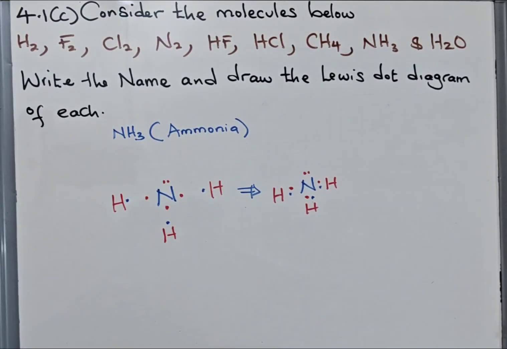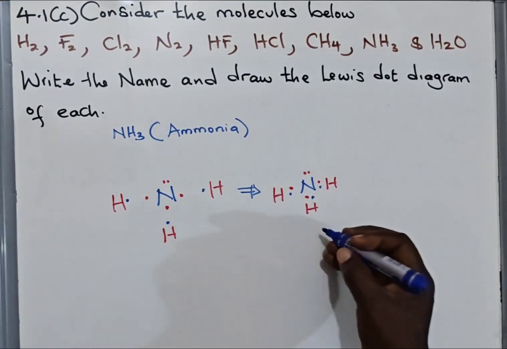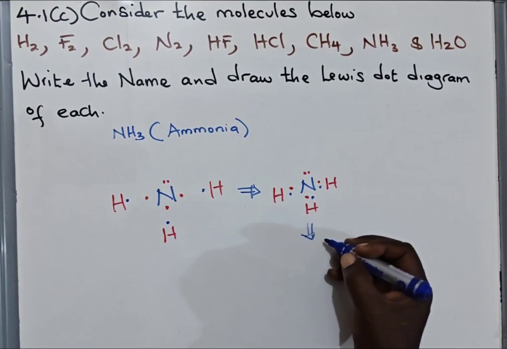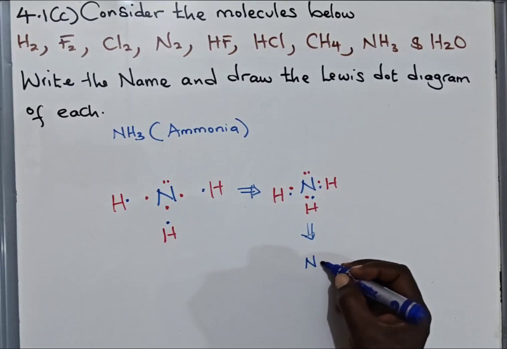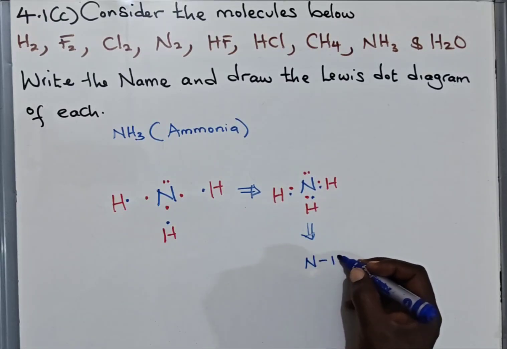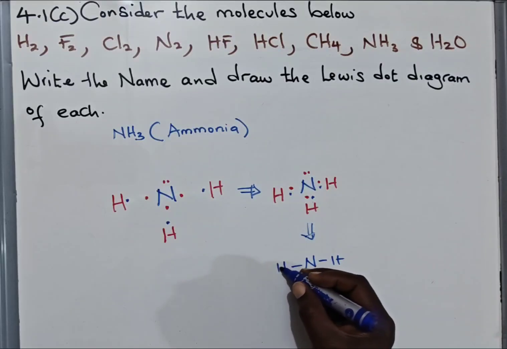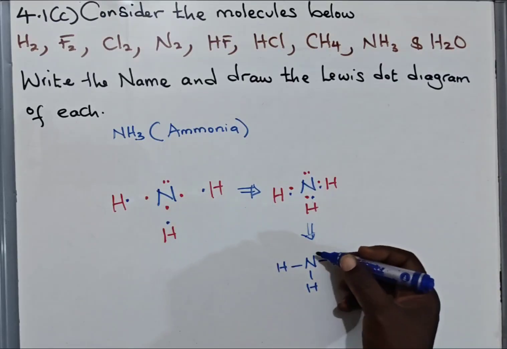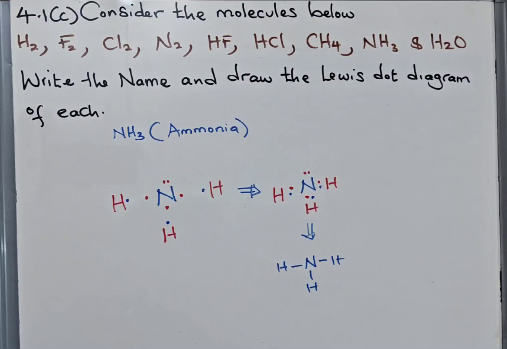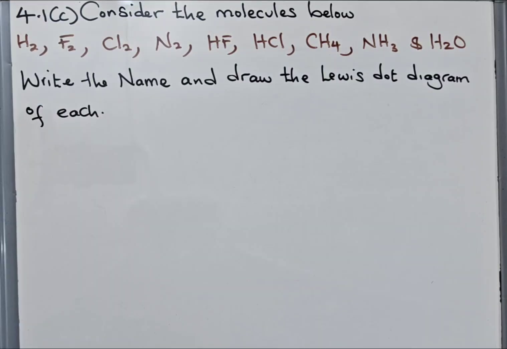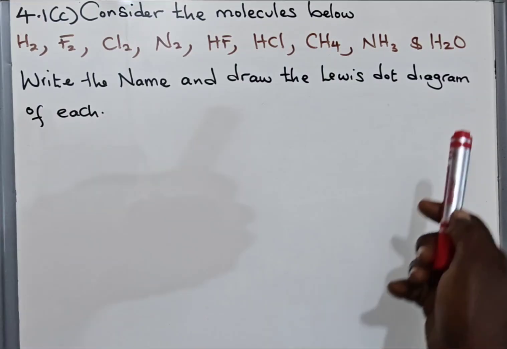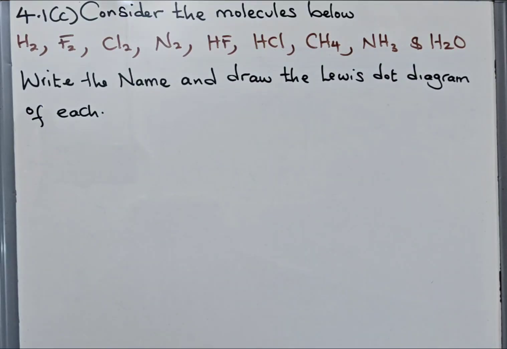And if you feel like you want to write its structure formula, this is what you are going to get. You have nitrogen bonded to hydrogen and hydrogen and hydrogen. Yeah, there is a lone pair on the top there. Yeah, then lastly, we come to H2O.